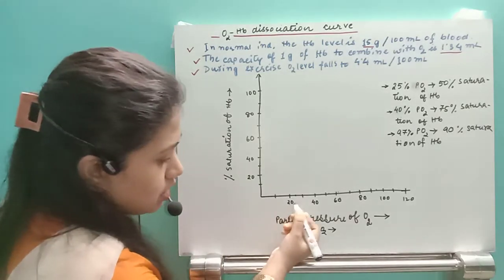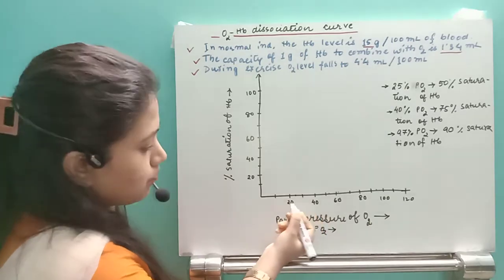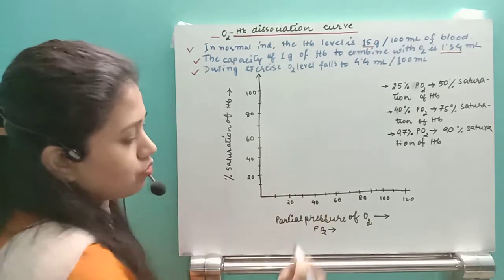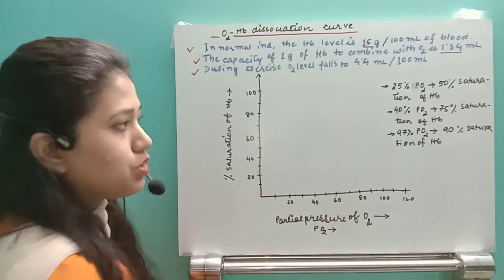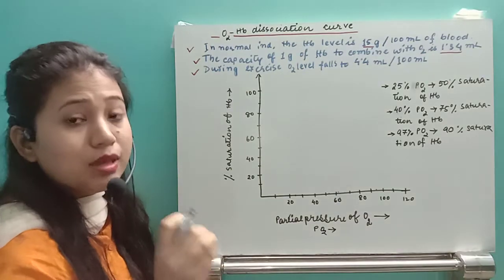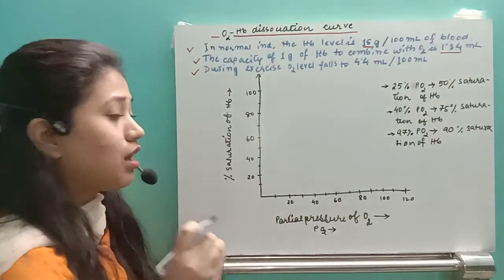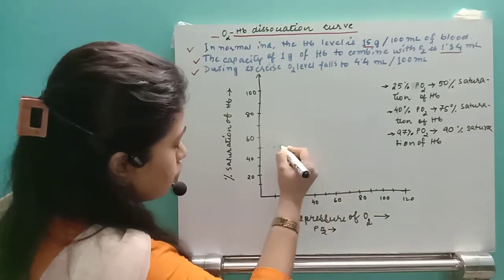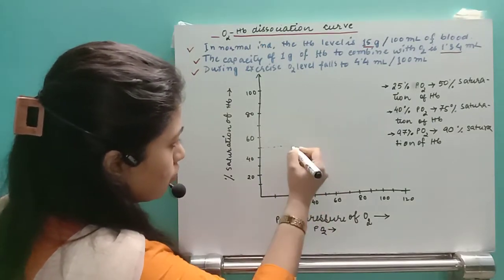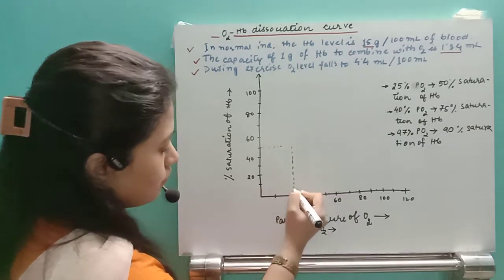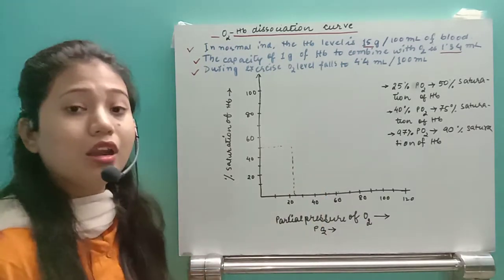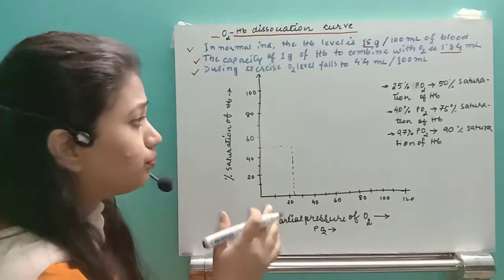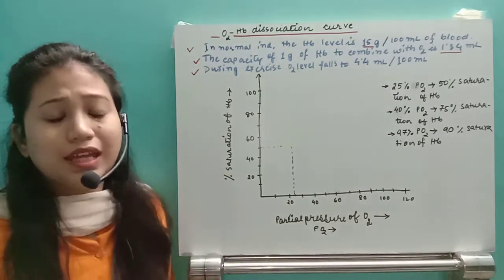So this is 20, here it is 40, so this will be 30, in the middle, that means around 25% partial pressure of oxygen. How much hemoglobin will get saturated? That is around 50%. So whenever the partial pressure of oxygen is around 25%, around 50% of hemoglobin will get saturated.